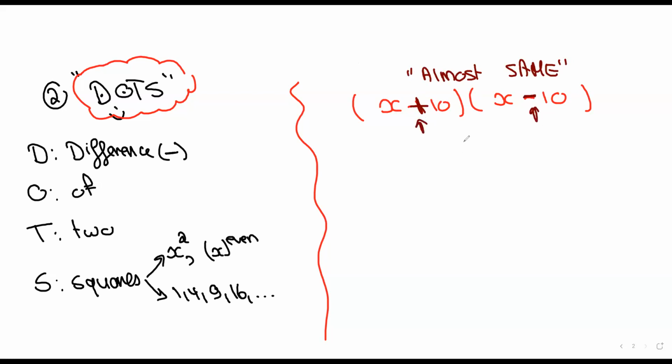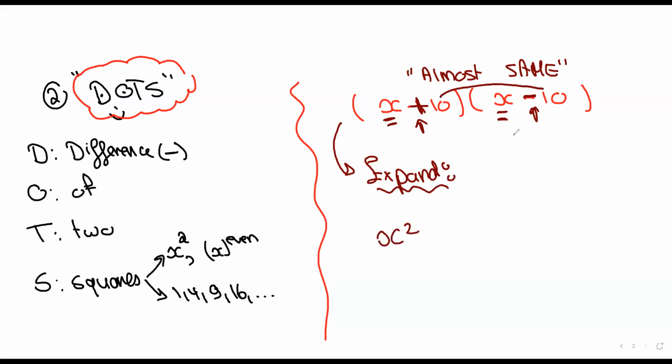So to be able to expand these brackets, we multiplied the first and the first. So x times x is x power 2. And we multiplied second and second.